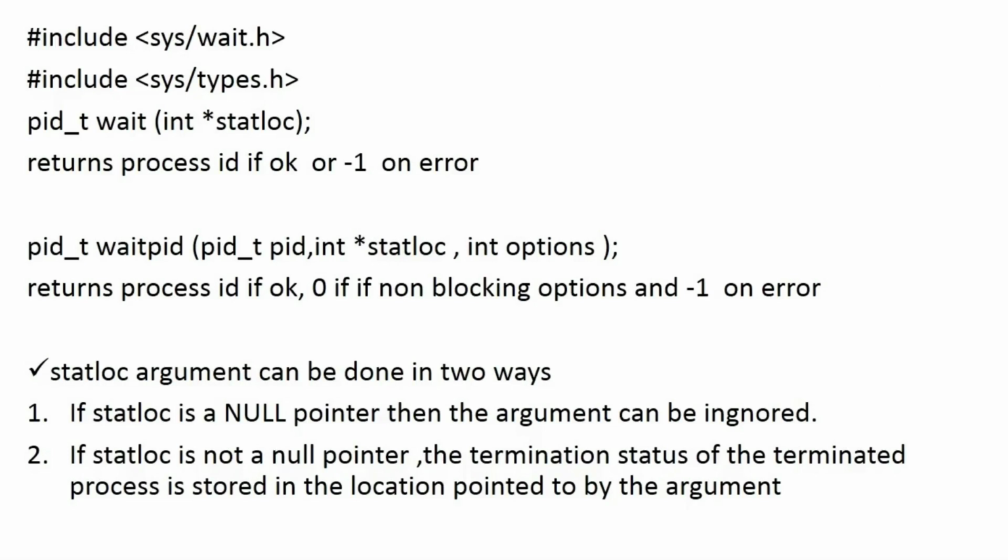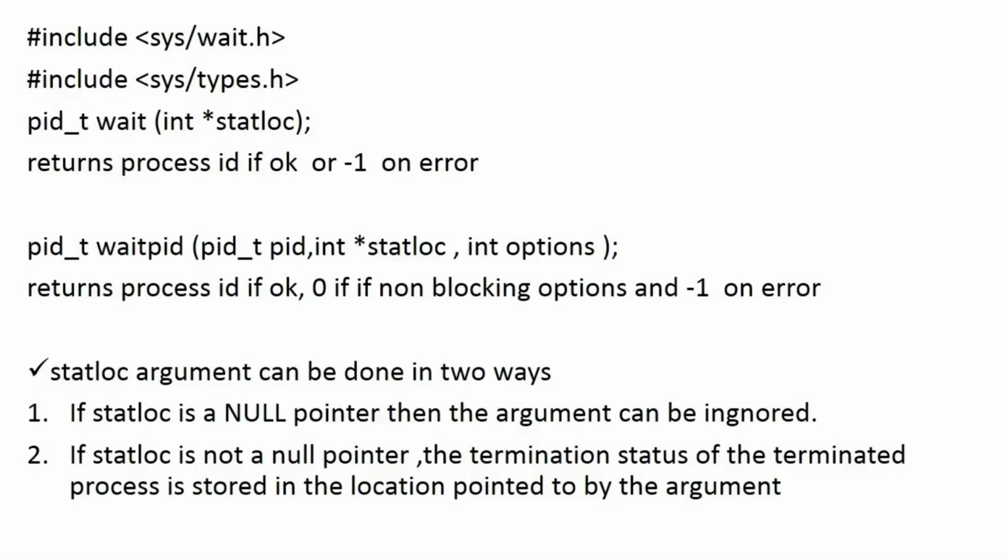Here are the two functions, wait and waitpid, and their syntax. The first one is the wait function. It has one argument, the status location, int *statloc. The function returns the process ID if it executes successfully, otherwise -1.